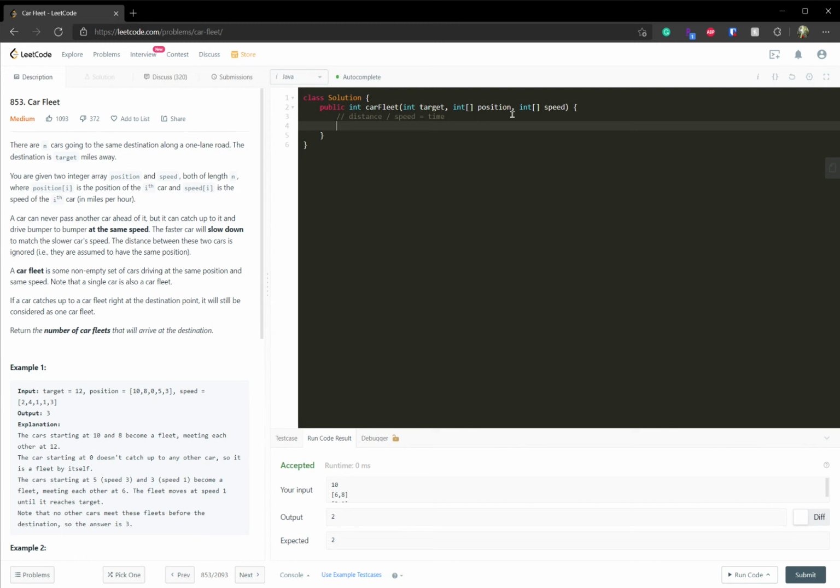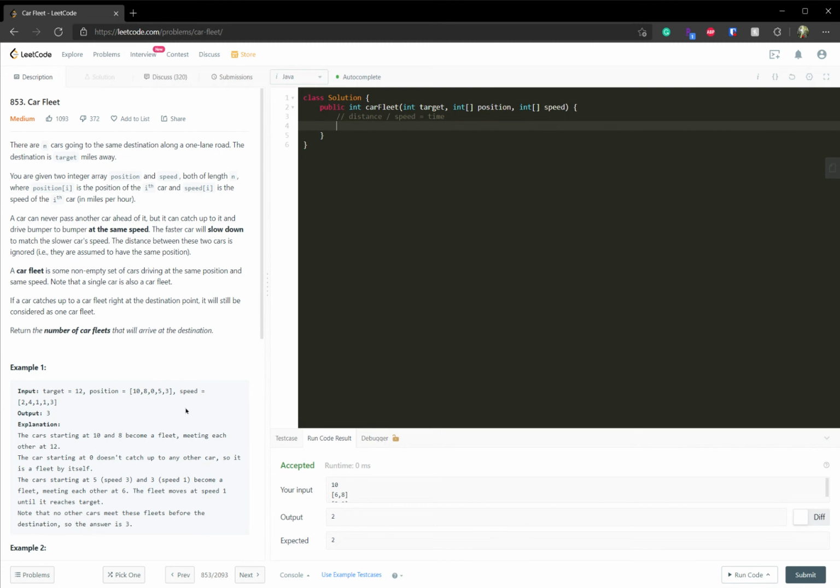This makes us realize that we need to sort all the cars based on their starting position. Then we can maintain a slowest car time, and scan starting from the car that's closest to the target.